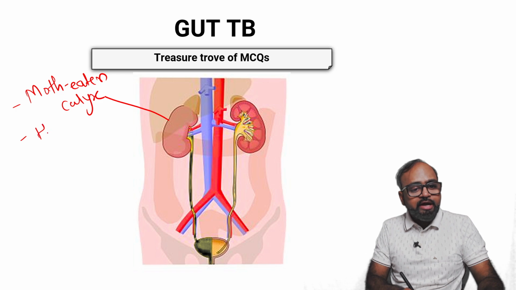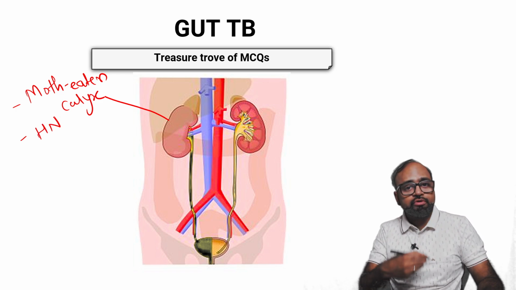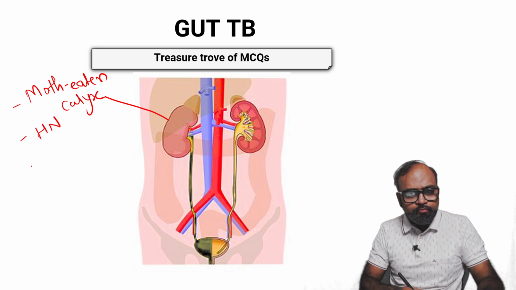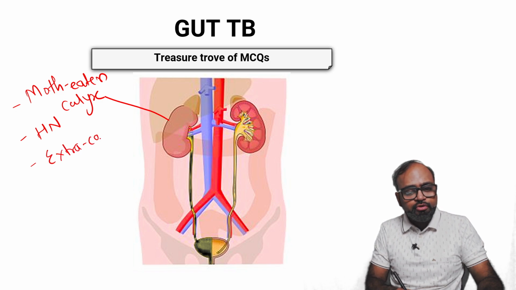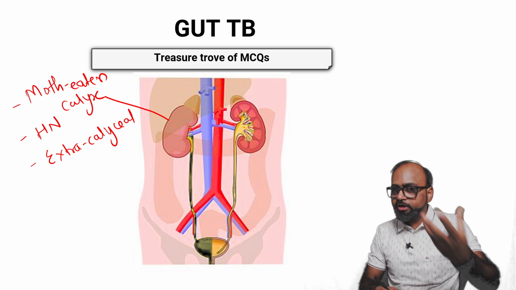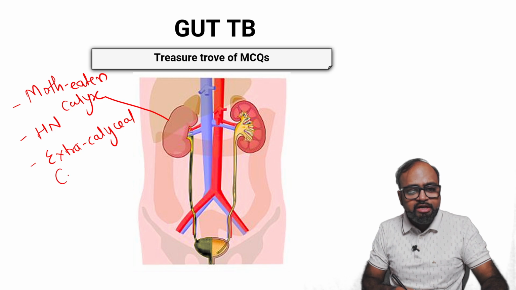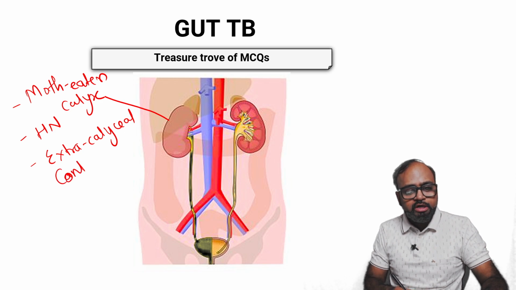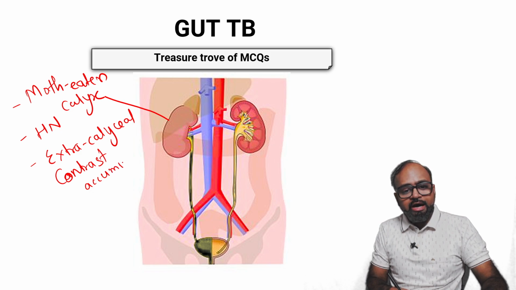You will see hydronephrosis because of obstruction, with dilatation of the calyces. You will see extracalyceal accumulation of contrast. That is because of the cavity which forms within the renal parenchyma, an empty space is formed, and contrast will accumulate there. So extracalyceal contrast accumulation when we do an IVU.